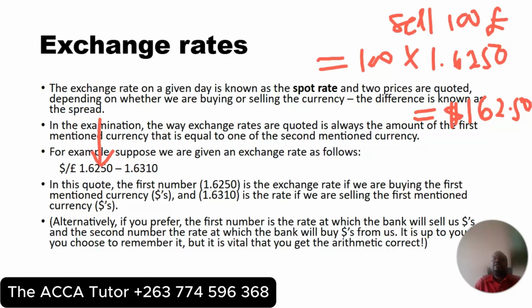All right. Okay. What about if you wanted to sell dollars? You wanted to sell dollars this time. If you wanted to sell dollars, let's say you have got $100, and we are saying the bank is the one who has to benefit.